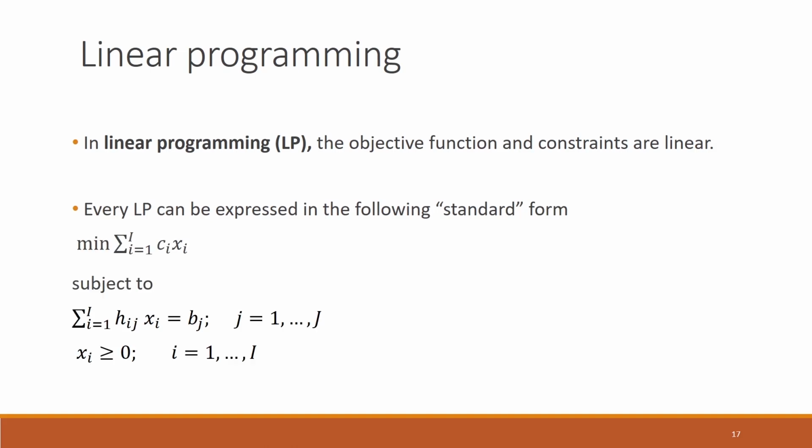So, this is minimizing the summation of c_i x_i, where we have capital I decision variables and c_i is a constant, subject to the constraint that summation h_ij x_i is equal to b_j, where we have capital J such constraints, and note that h_ij, b_j are all constants here, and we have the last set of constraints that x_i is greater than or equal to 0 for all the decision variables capital I. So, you can see that the objective function summation c_i x_i is first of all linear.